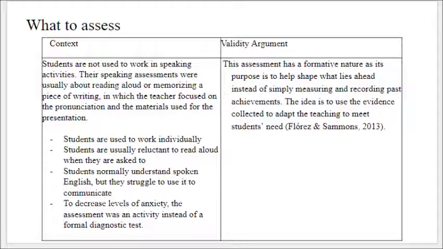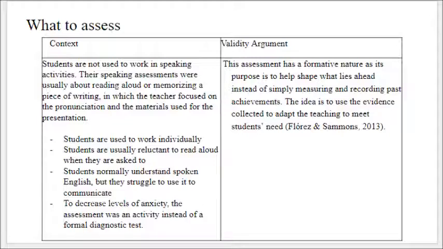I can say that normally students understand spoken English, but they struggle to use it to communicate, because normally there are just a few people that try to use English in the activities that are carried out during the lessons.